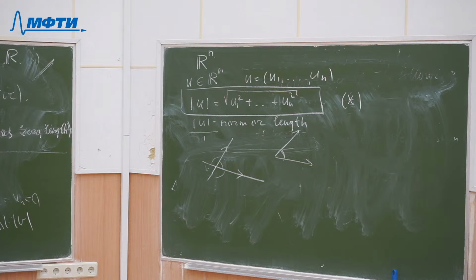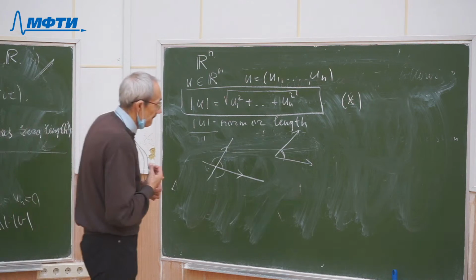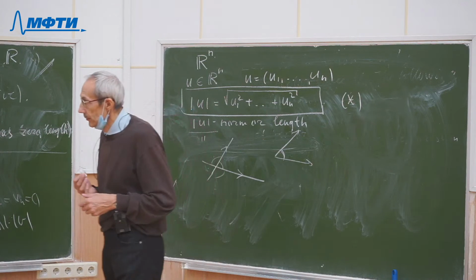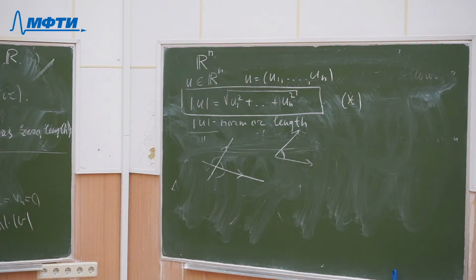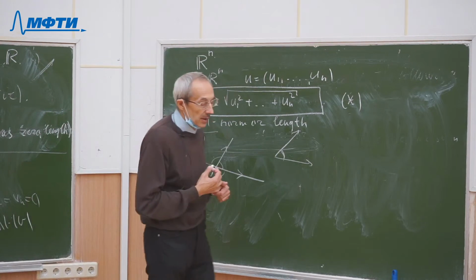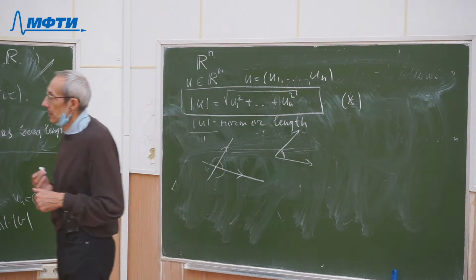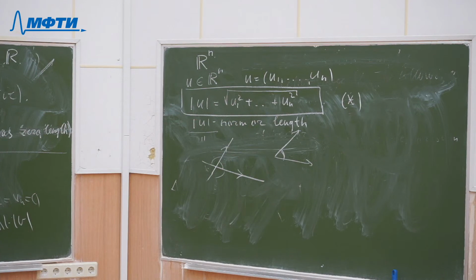We'll follow this way and repeat this construction in the case of angle. First of all, we formulate some main properties of angle in physical space, and after that we generalize these properties and define the abstract notion of angle in abstract vector space.